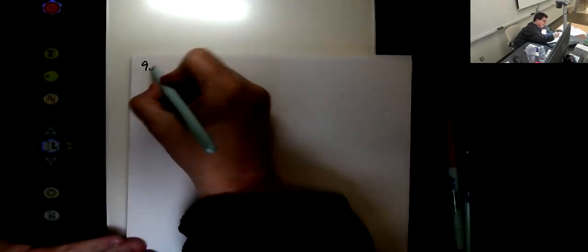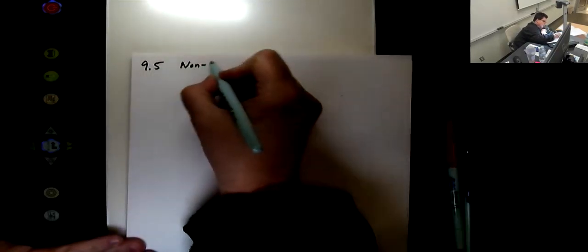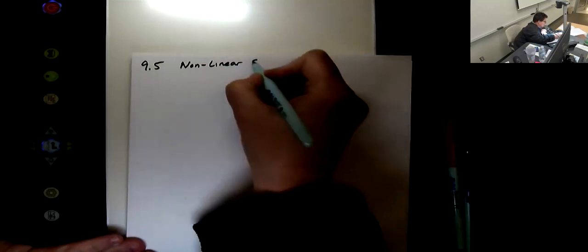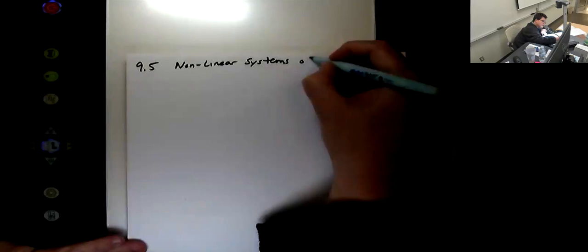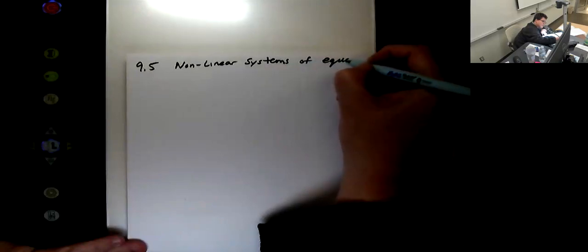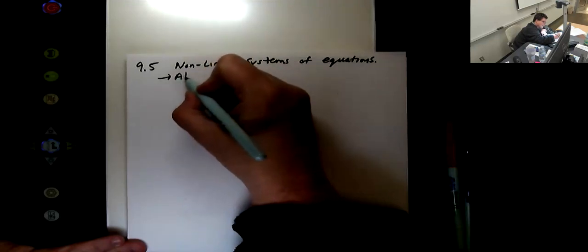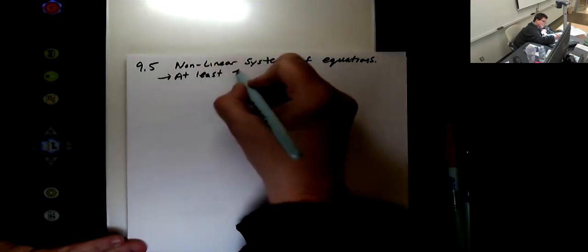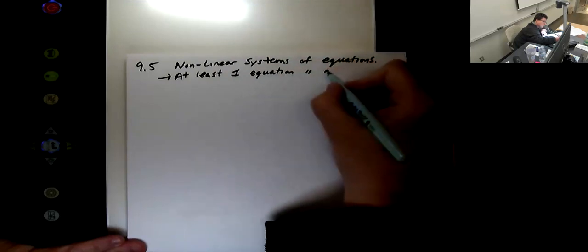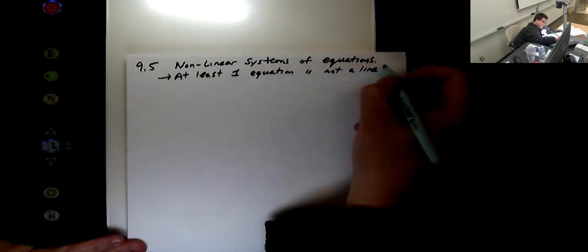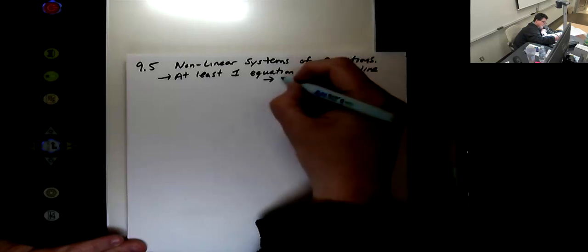So 9.5 is on nonlinear systems of equations, which means at least one of the equations is not a line, which means it's going to be a curve of some sort.